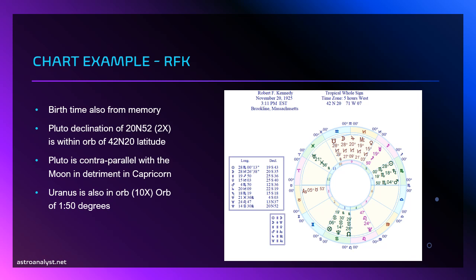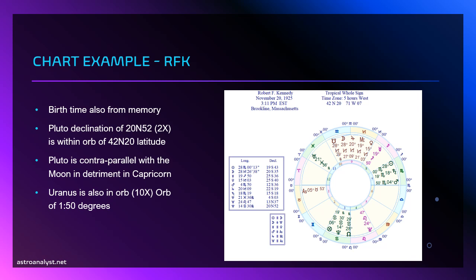So here is another interesting tidbit when dealing with declination. If a planet is at a small degree, let's say 1 degree of declination, it's going to work no matter what the multiplier is. 1 times 42, it's going to be 42 degrees.